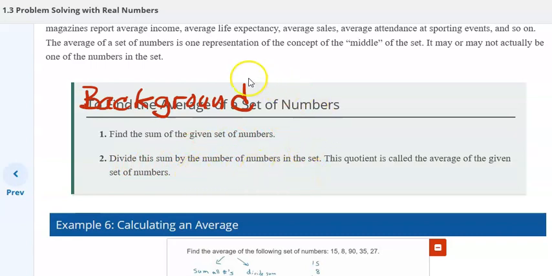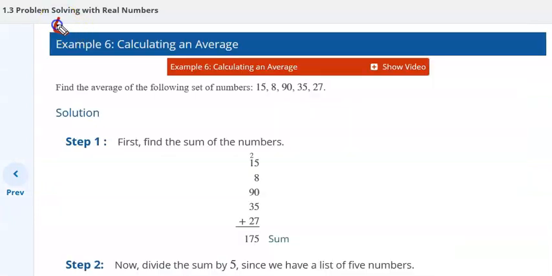So if we have 10 individuals taking a test, we would add up their test scores, divide by 10. That gives you the average. Actually, we had one that was similar to this when we did the tickets earlier. So let's take a look at example 6 here.